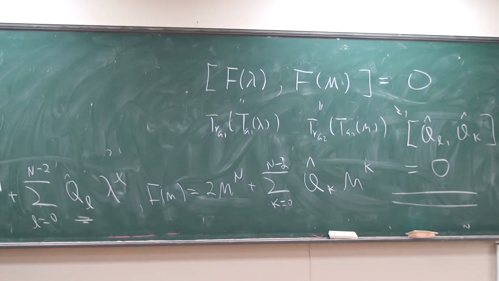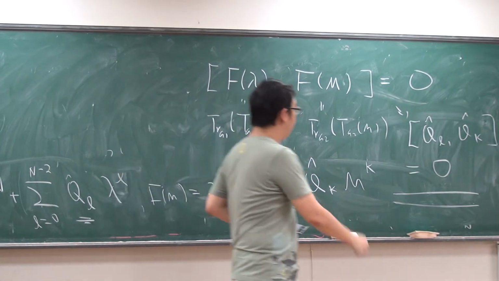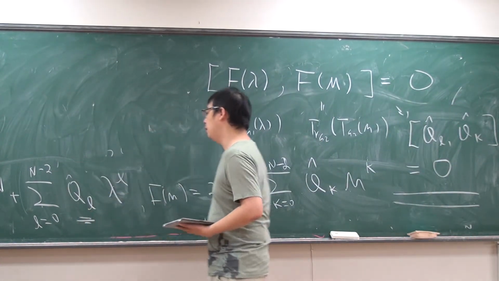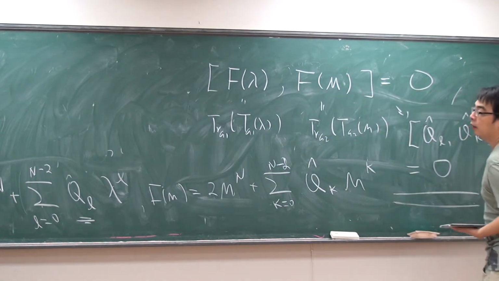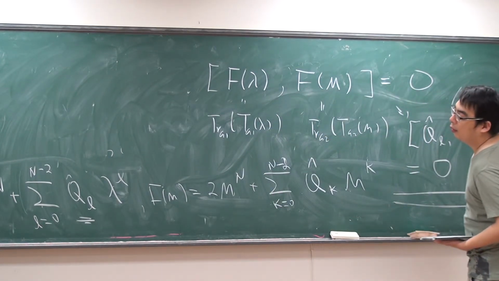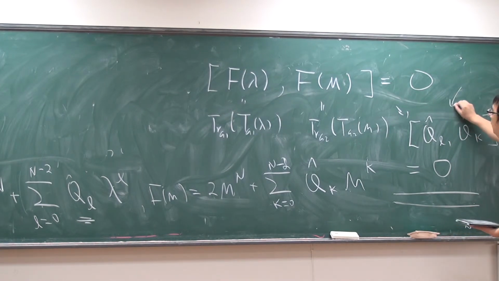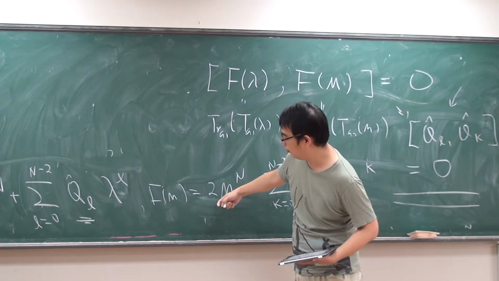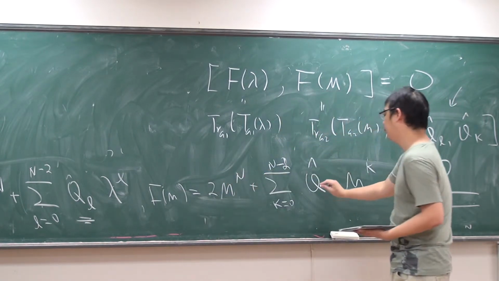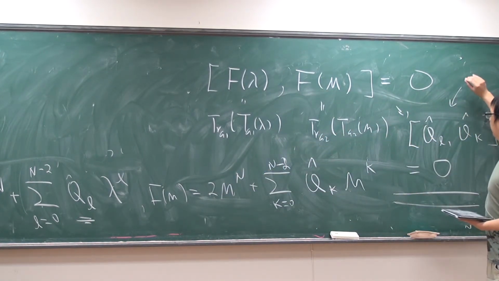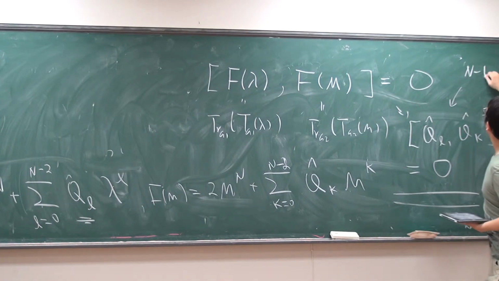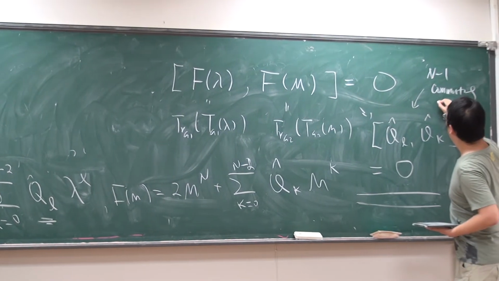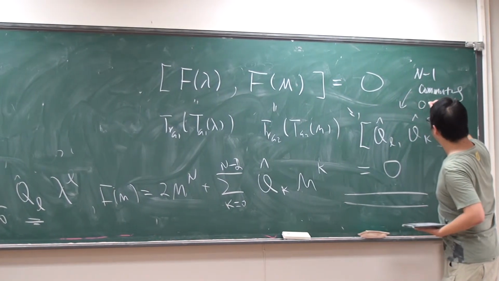This runs from 0 to n−2, so therefore n−1 coefficients. I choose a normalization with a factor of 2, but of course you can normalize your constants the other way. Anyway, we get n−1 commuting operators.